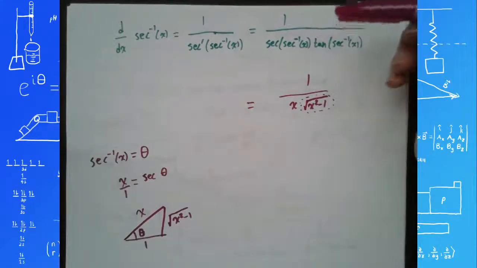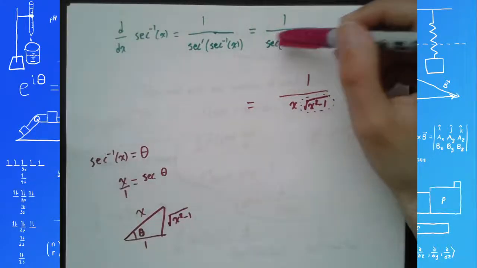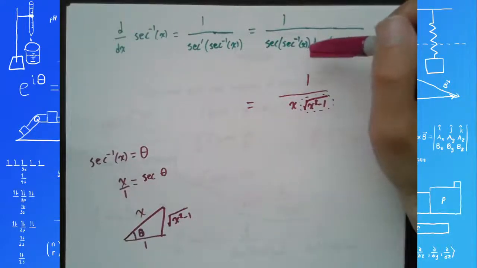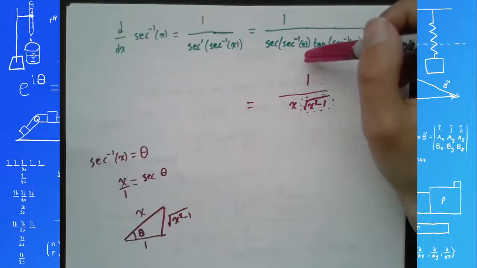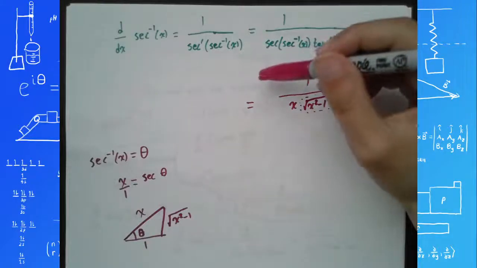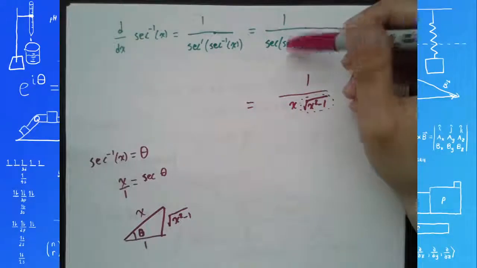So then secant of something from 0 to pi, you can definitely still get the negative secant values there, because secant of anything from pi over 2 to pi would be negative.